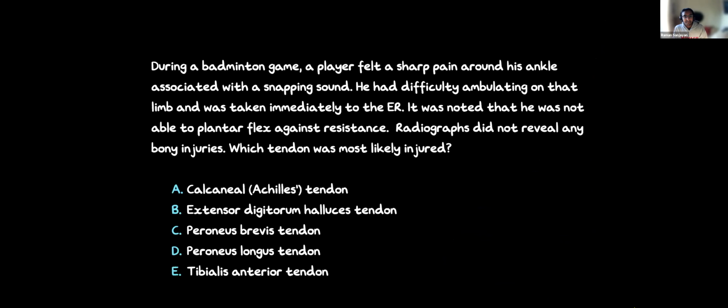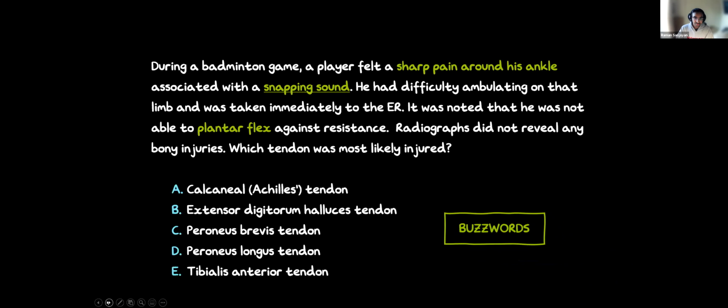Now, okay, this one's a little more of a buzzword type question. But again, you could obviously think about the plantar flexion, sharp pain around the ankle, and piece that together. But this is more of a buzzword style question, which is snapping sound in your ankle is an Achilles tendon tear. You might have heard about this in skills potentially, but often patients will describe an Achilles tendon tear or damage as like a gunshot wound kind of feeling.